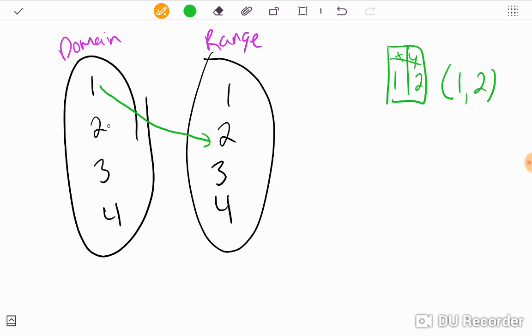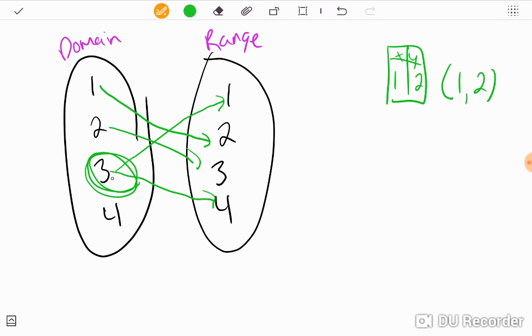So if you have the arrows going anywhere, only one coming out from each domain, that is a function. That's cool. That's fine. You can do that. But the issue is if we have, let's say, two arrows coming out of the same input.